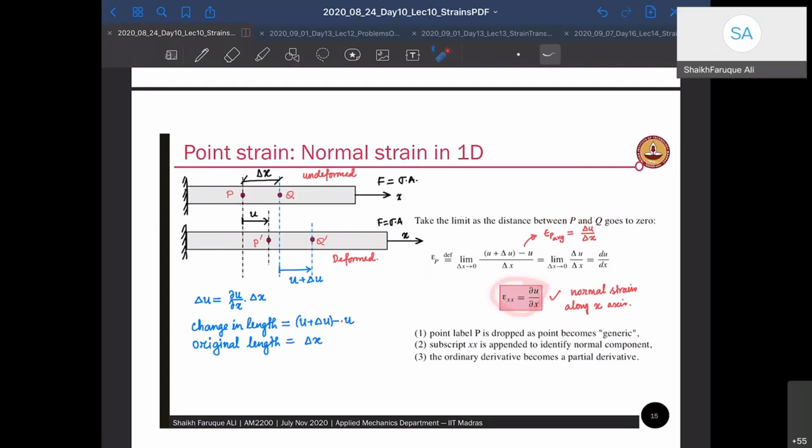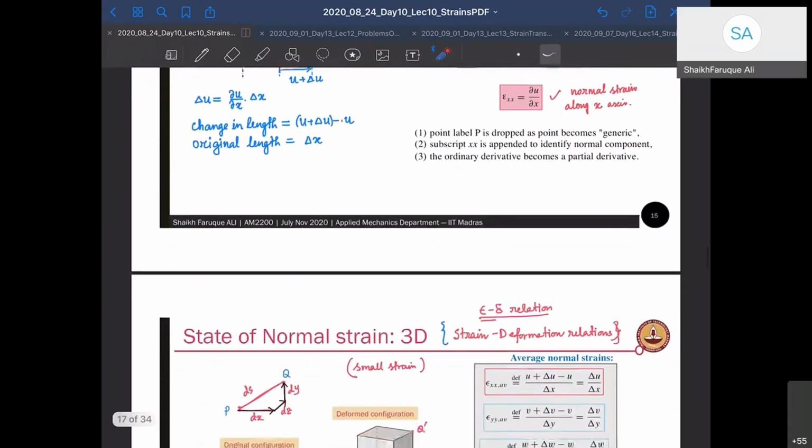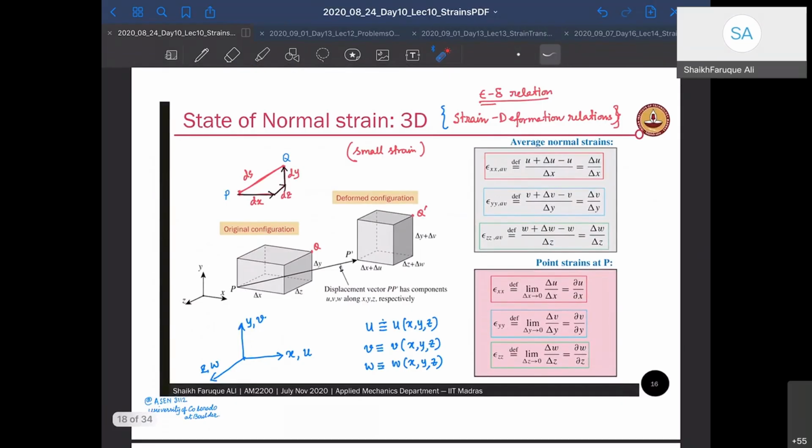You have to find the point strain. If I do the same thing for all three directions, epsilon x average is going to be del U by del x. Epsilon y average is going to be del V by del y, because V is along the y direction. Similarly, epsilon z is going to be del W by del z.